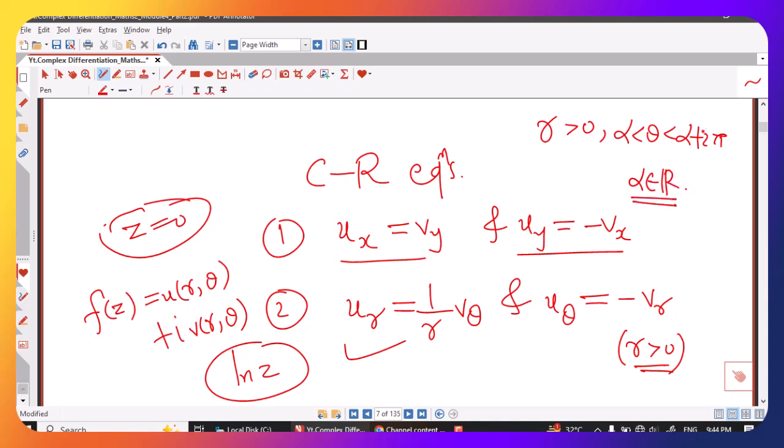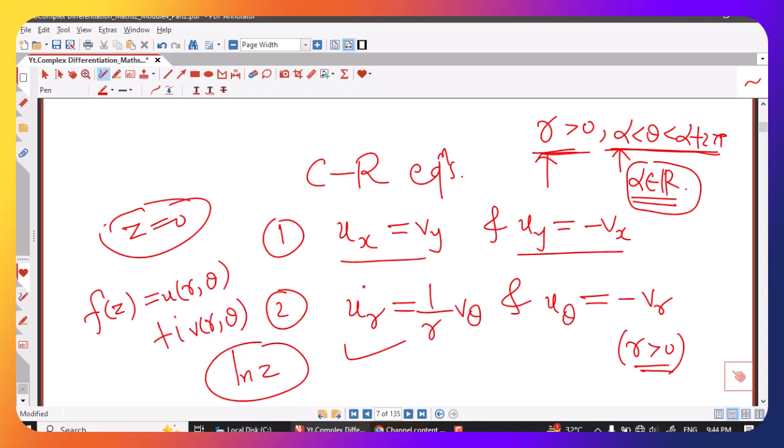For different values of alpha we will have different domains, and in those different domains our function log z will be a single valued function. So we are discussing a general domain, and we assume that alpha is fixed, and therefore our function is single valued in this domain.